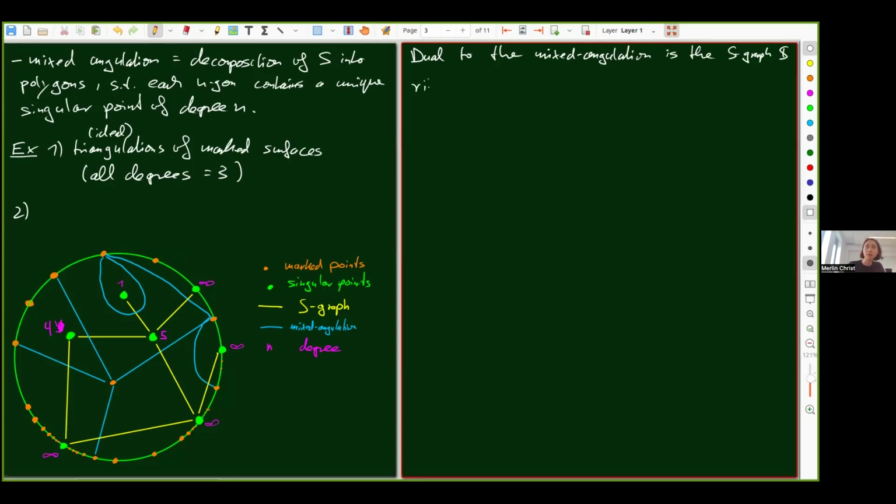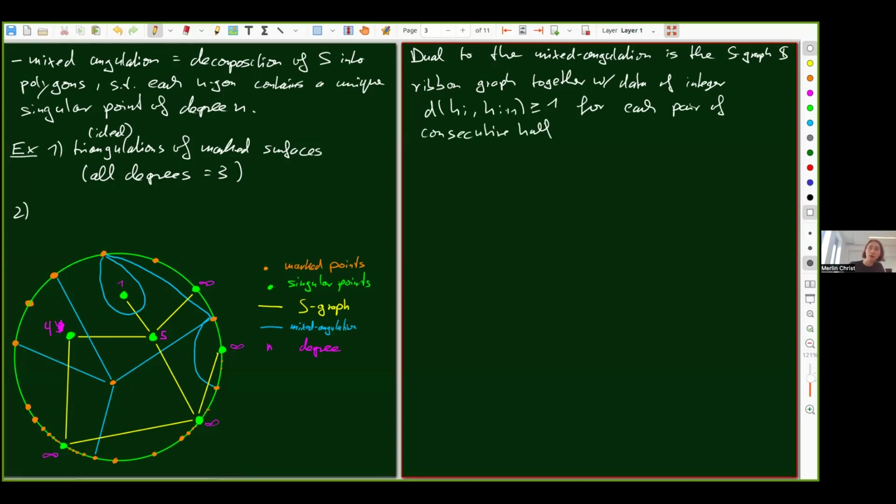So this is a ribbon graph together with data of integers, integer d of h_i, h_{i+1}, bigger or equal than 1 for each pair of consecutive half edges.